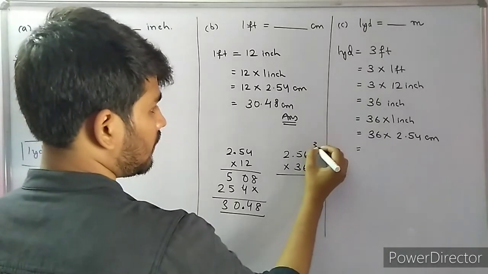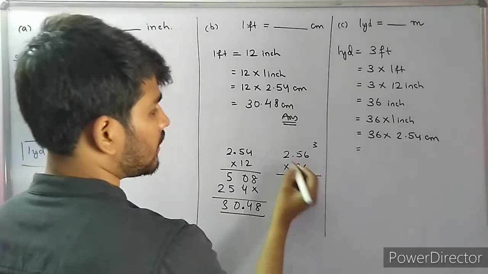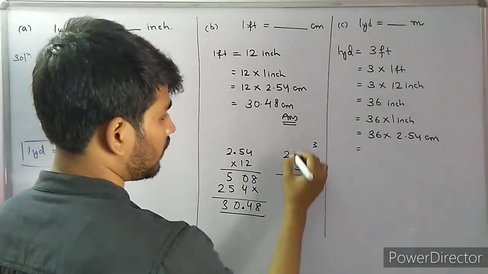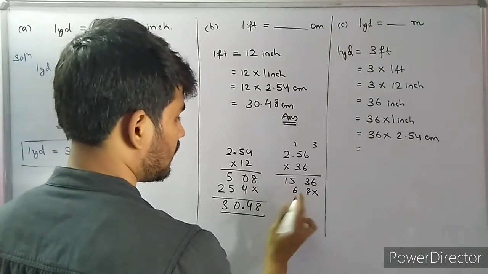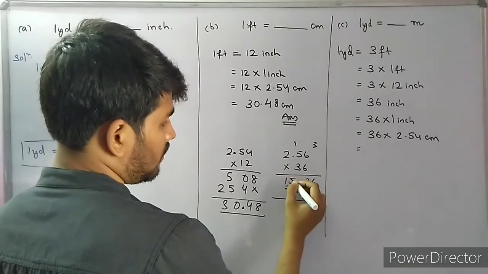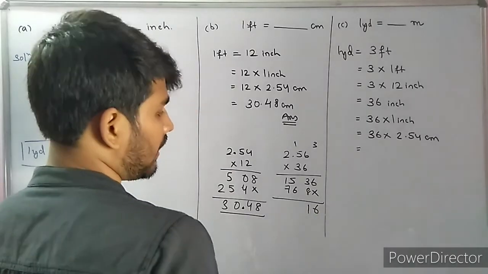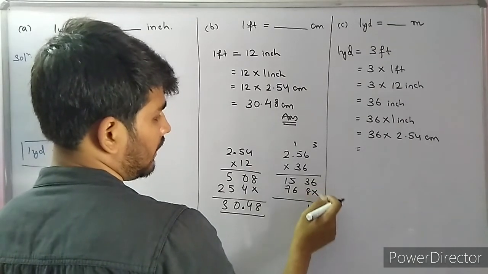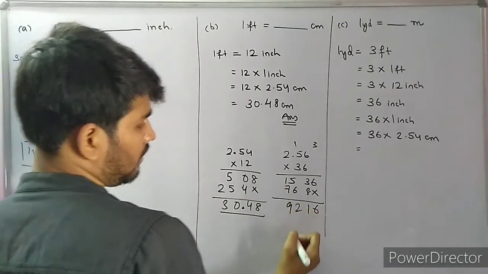6 6s are 36. Carry 3. 6 5s are 30. 30 plus 3, 33. Carry 3. 6 2s are 12. 12 plus 3, 15. 3 6s are 18. Carry 1. Just a minute. Did I make some mistake?